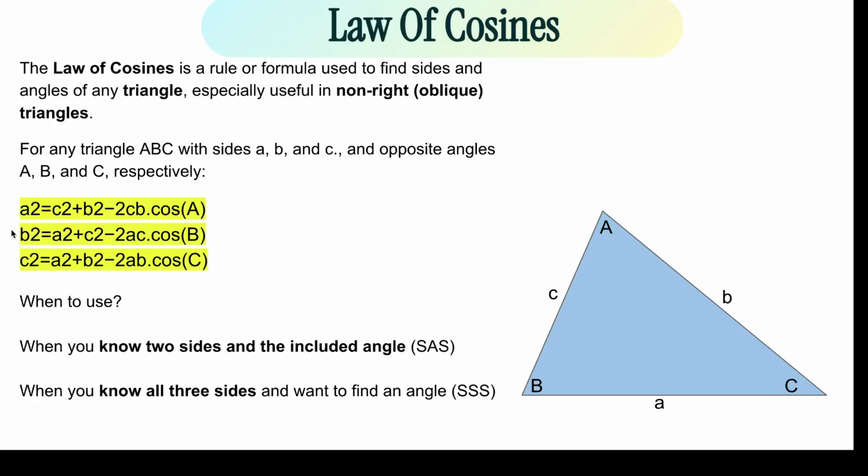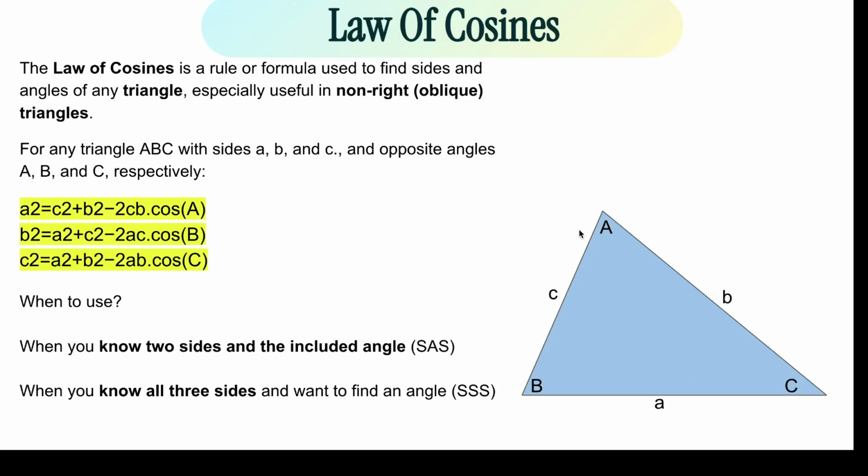And also, if we're missing this side, B, the same thing, as we can see here. Now remember, we can use this formula to find a missing side or a missing angle. Let's say if we want to find, for example, this missing angle, we need to have the other three sides.